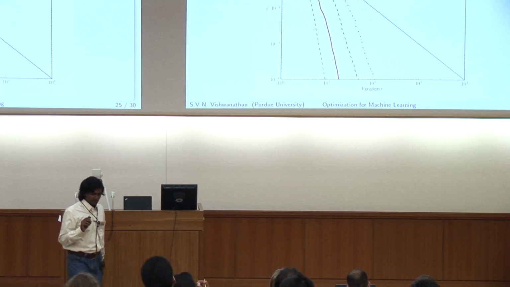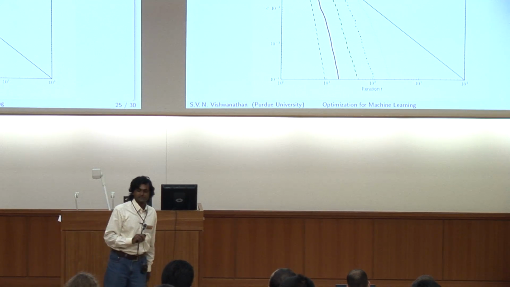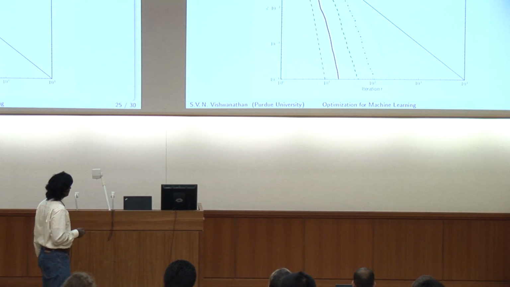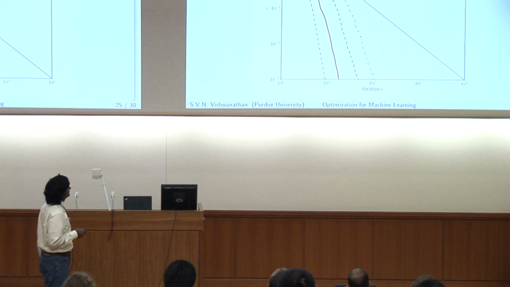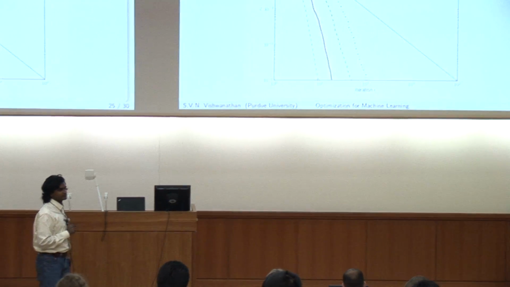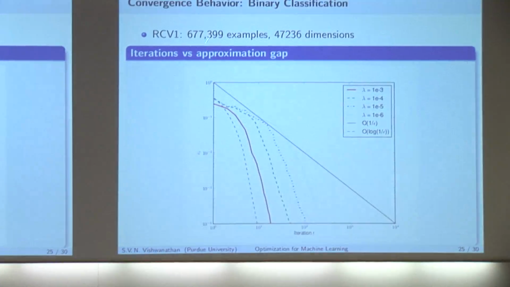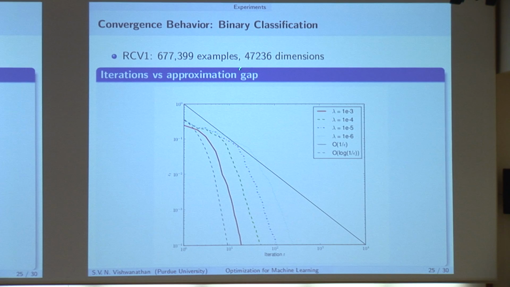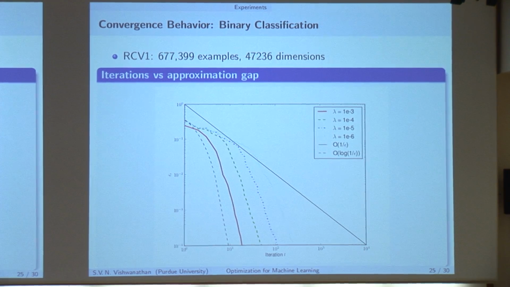I want to show you something very peculiar that happens in the experiments, and then I want to motivate the lower bounds. You download and run this solver on a standard problem, some RCV1 problem which has about 50,000 dimensions and about 670,000 examples, and just do binary classification.